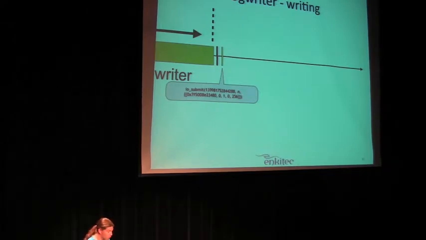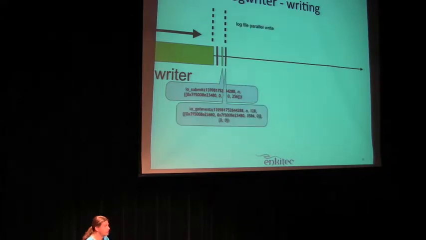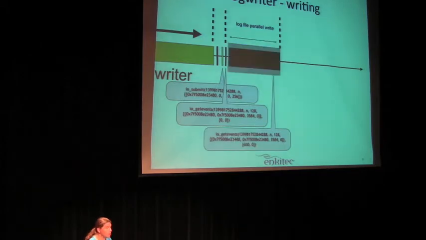You will see an IO submit. Then the wait event log file parallel write starts, and it will first do an io_getevents call with a timeout set to 0. If this IO call cannot reap the IOs which were submitted with IO submit, it will then start a blocking io_getevents call.